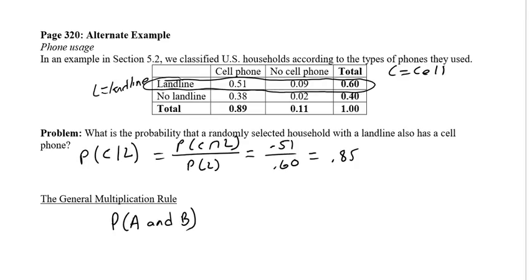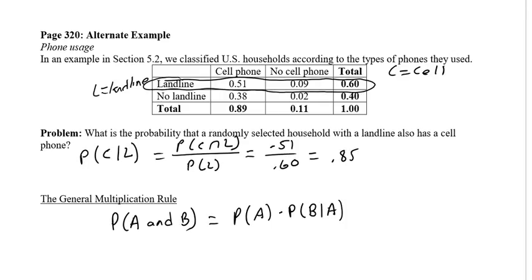It is the probability of A times the probability of B given A. They will not give you this one, but it's essentially the same as the other one.